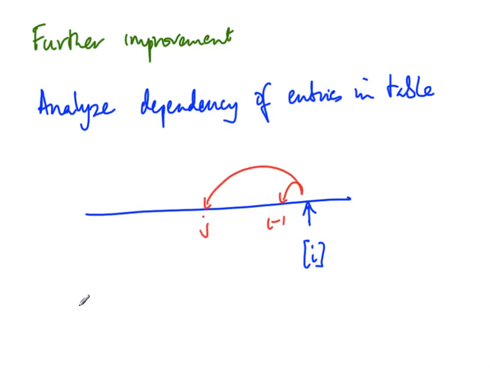So if we can iteratively compute these entries from left to right, then whenever we fill up an entry, we know that the values it depends on have already been filled up. And so we can replace the memo table algorithm with a recursive function call by an iterative algorithm which computes exactly the same table but from 1 to n.